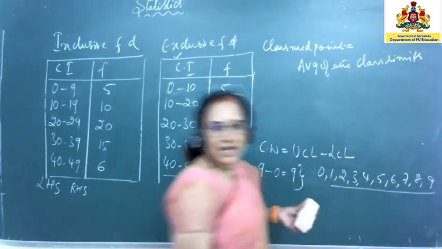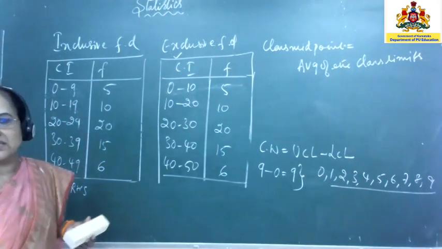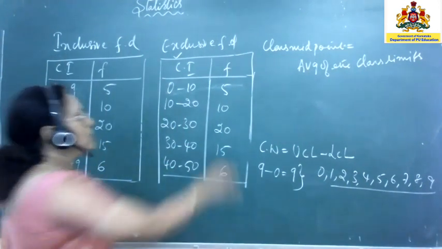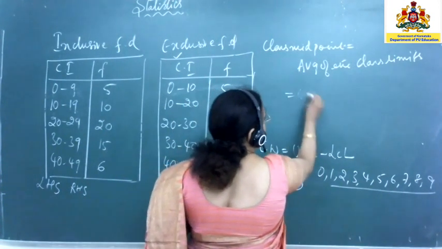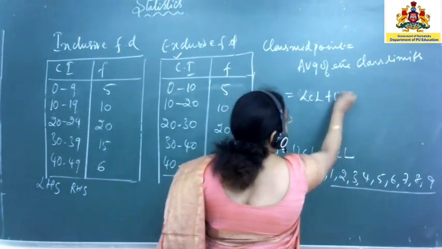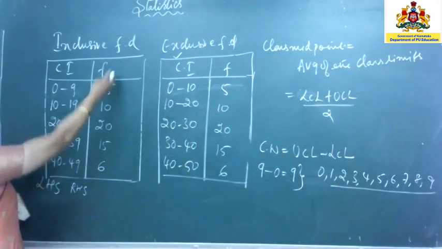Normally, when you say average, suppose there are two numbers, you add the two and divide by 2. Suppose there are 3 numbers, you add the 3 and divide by 3. In the same way here, class midpoint will be lower class limit plus upper class limit divided by 2. So you can find out the class midpoint for all of them.